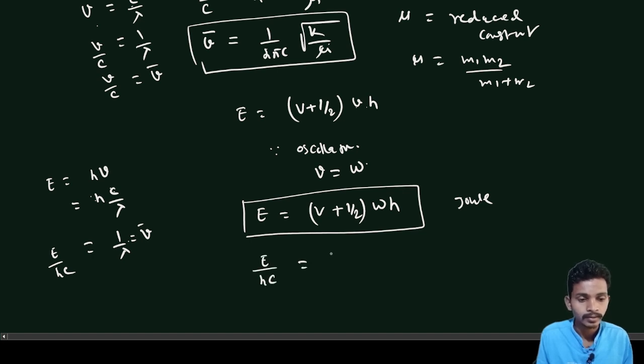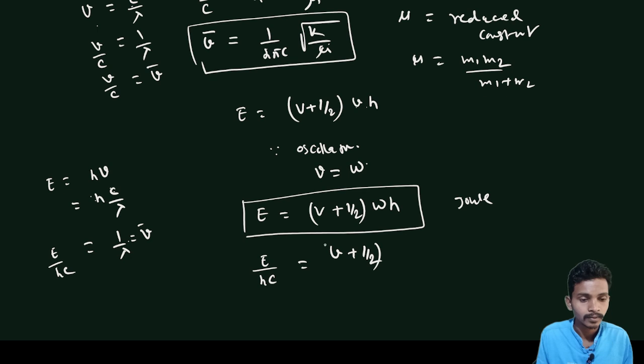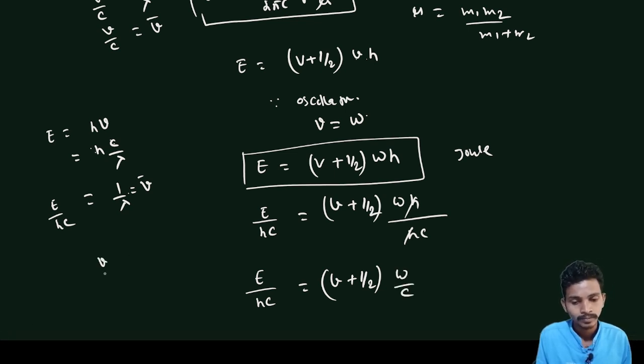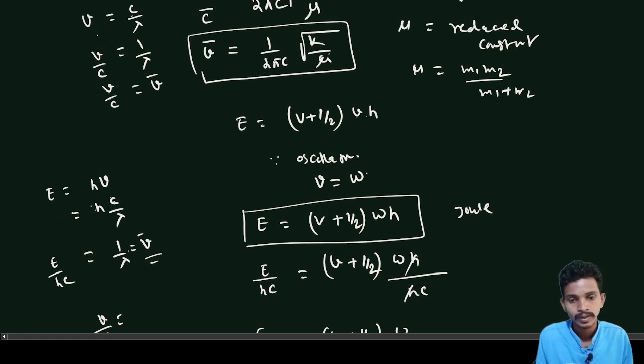So that's what I'm doing here, E upon hc. Then I also divide here, v plus half omega h upon hc. So this h cancels, that becomes E upon hc equals v plus half omega upon c. And this omega is actually frequency, and frequency upon c is what we say is wave number.